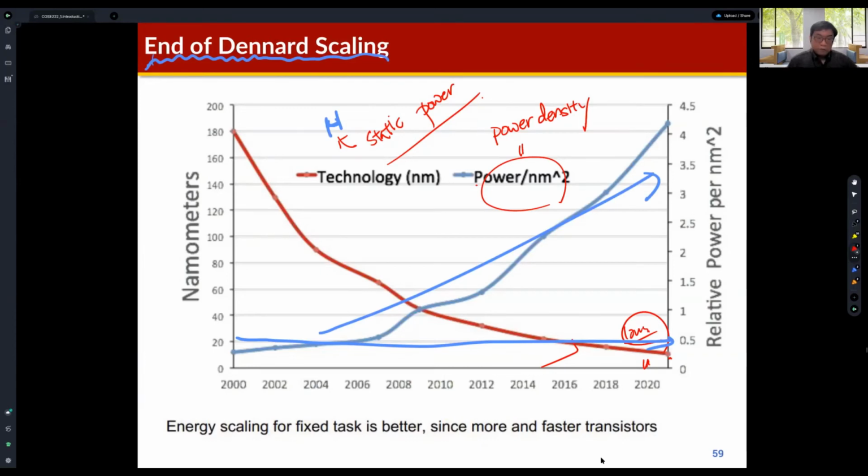So power density is increasing, which means our computer system will consume more power, even as the semiconductor technology is advanced. So that's the problem.